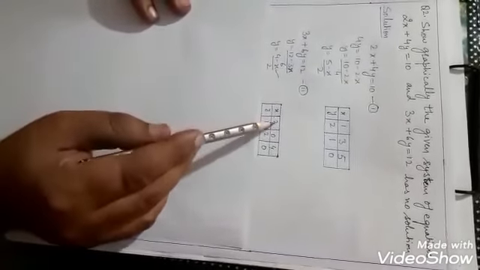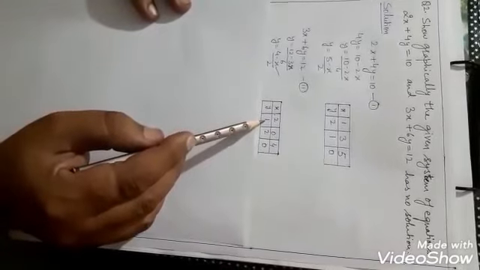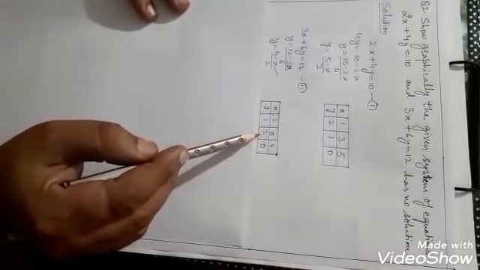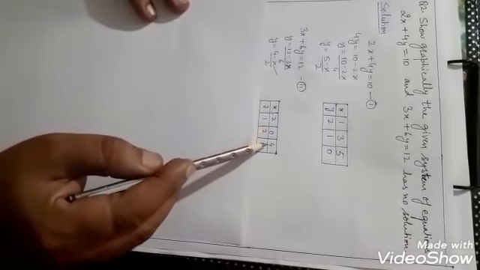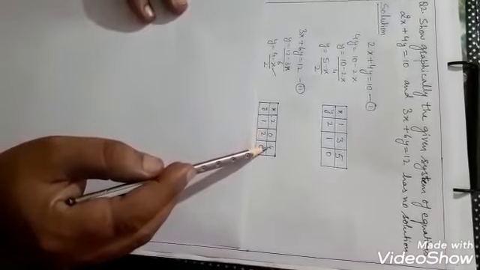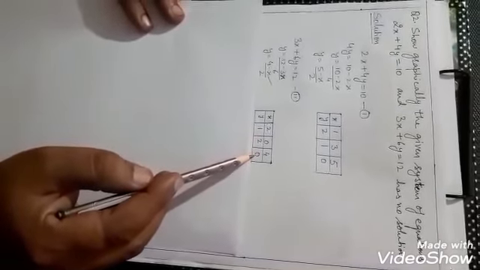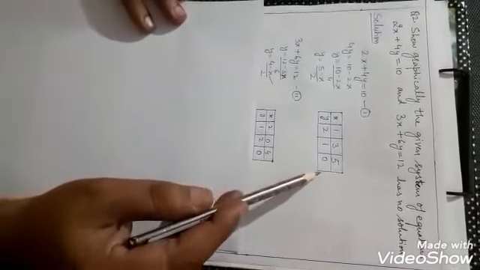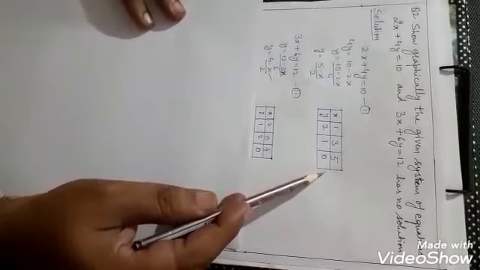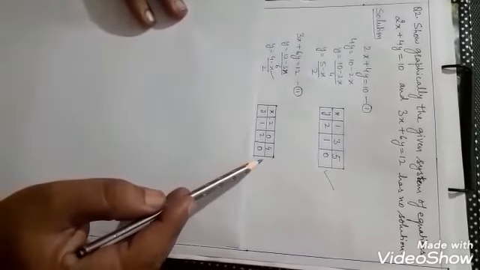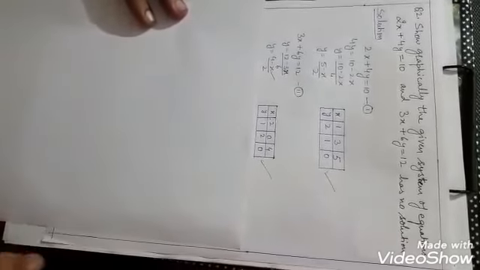If you take x as 2, the value of y is 1. If you take x as 0, the value of y is 2. If you take the value of x as 4, the value of y is 0. Now we have found both the tables for the equations. Now we'll plot them one by one on the graph sheet.